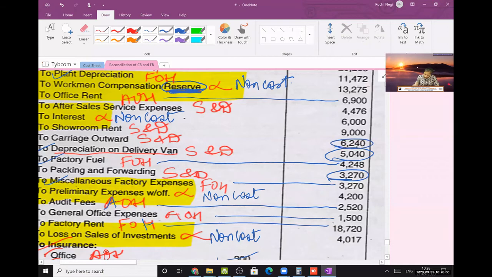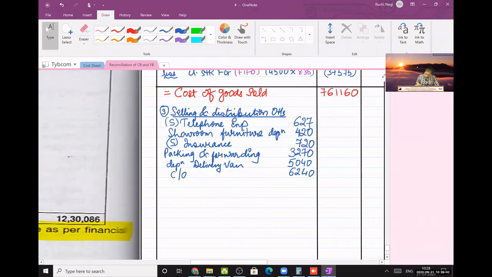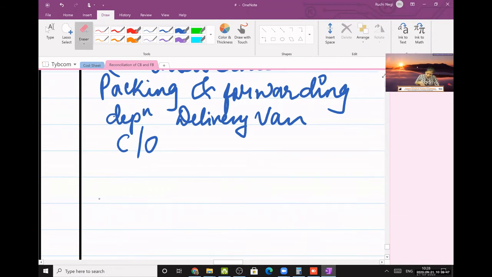Carriage outward is also done. Showroom rent 9000.